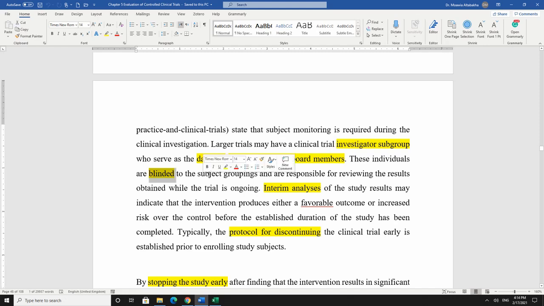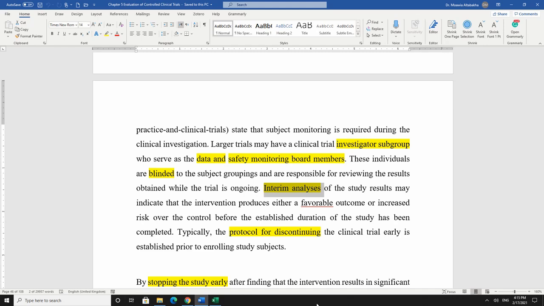They have to collect the data maybe every 3 months or every month, depending, as I told you, on the objective of the clinical trial and the endpoints they are trying to measure. So this subgroup committee will do interim analysis. Every period of time they will collect whatever data is there and they will do analysis.